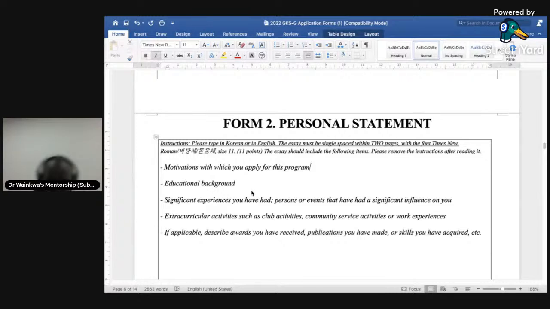Secondly, your essay has to include the following items: motivation for applying for the program. What is motivating you? Why are you applying for the Global Korean Scholarship? You need to strictly explain that.